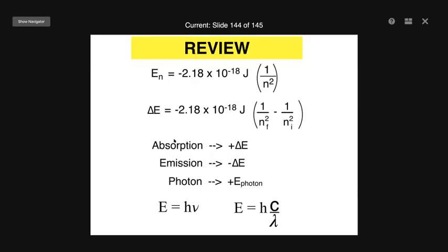Absorption and emission are involved with the transition of the electron, and the energy being absorbed or emitted comes out as the photon, which always has to be positive. This energy of a photon can be used to calculate either frequency or wavelength. Vice versa, you can use frequency or wavelength to calculate the energy of a photon and relate that back to the transition of the electron to find the energy level, which is what we saw in the last calculation problem.